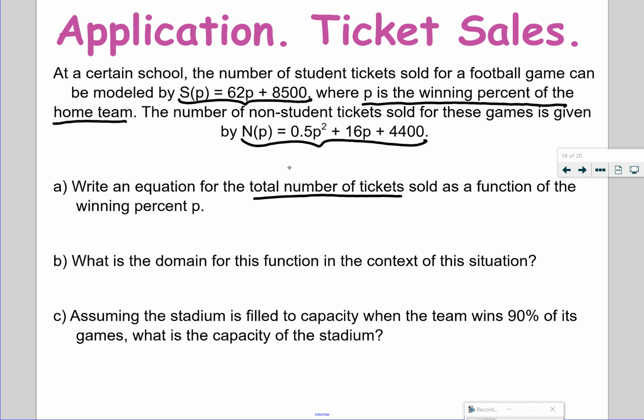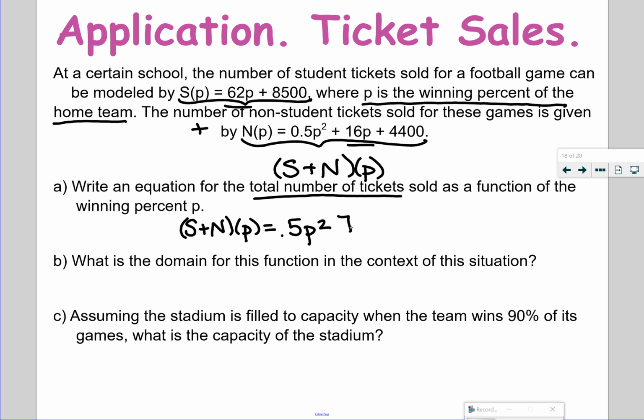So total number of tickets would be student tickets plus non-student tickets. That's the calculation we're doing. We're doing functions S plus N of P, and P is going to be the input ultimately. So we're just adding our equations together, which is just adding together any like terms. So here's my function, and it is equal to 0.5P squared. I have a 62P and a 16P.